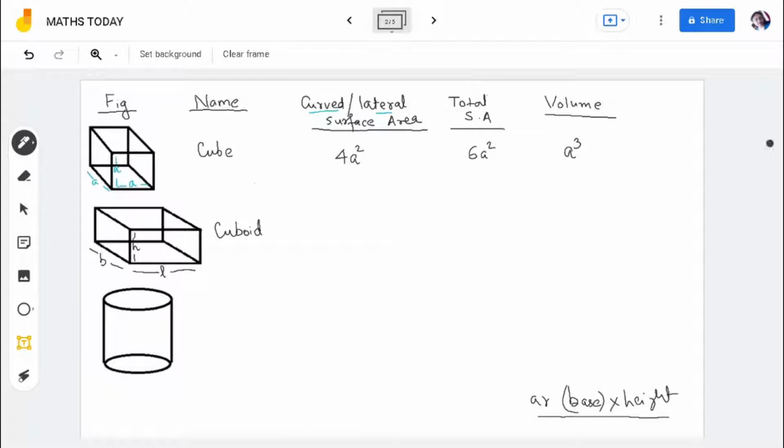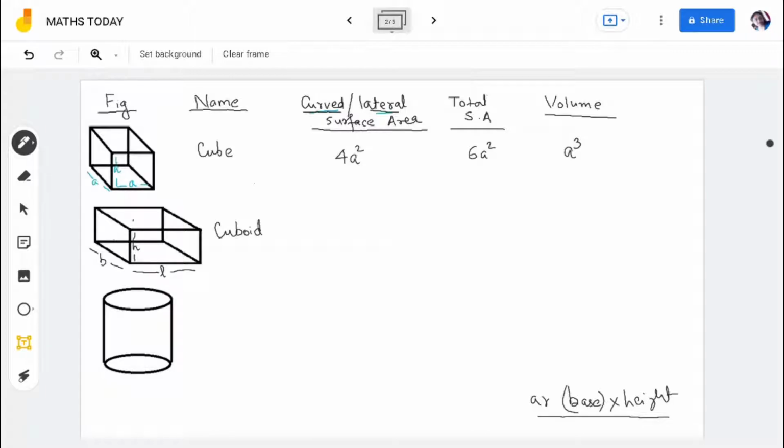Now let's come to the formulas. So curved surface area. Again, we have to find out the area of the four walls, except the top and the bottom. That is known as the curved surface or the lateral surface area. So the first face that we can see here is rectangular in shape.